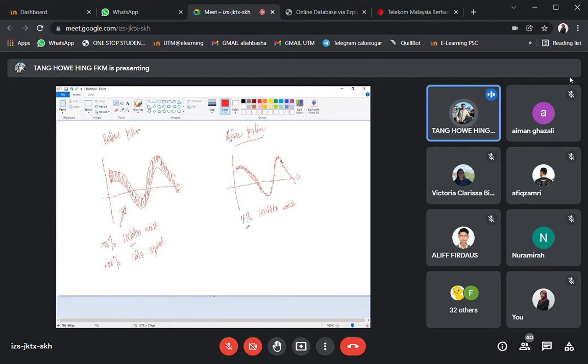And then from the computation, we also found that for the 1 kilohertz signal, not 96, I think from the calculation, it is actually 97.